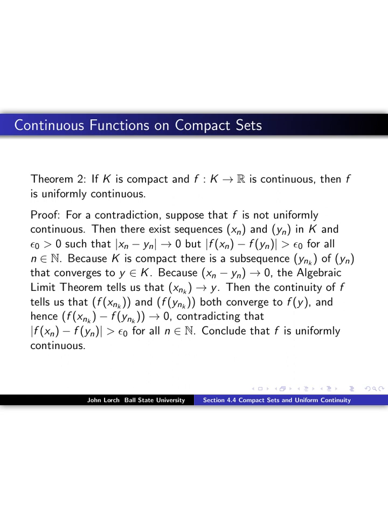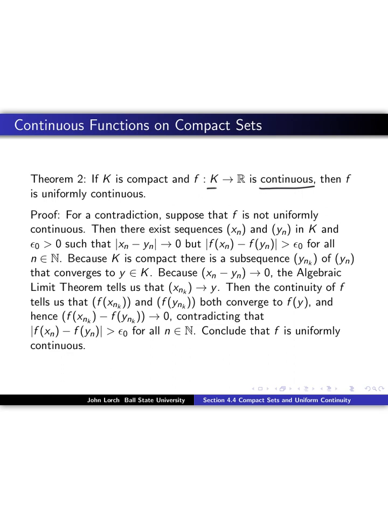However, if you put a continuous function together with a compact set, that is, if our continuous function is defined on a compact set, then it turns out that the function is guaranteed to be uniformly continuous. So the proof here is by contradiction. We assume that f is not uniformly continuous.